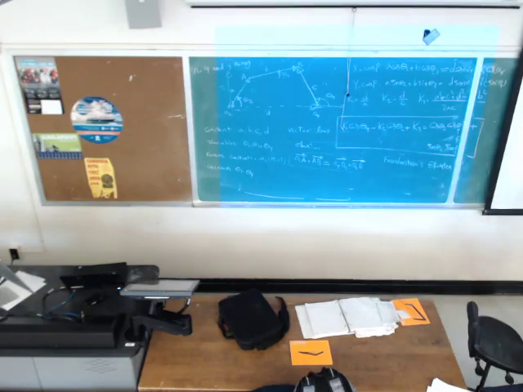For example, if you are looking for the cosine of 60, it's going to be 1 minus tangent squared of 30, divided by 1 plus tangent squared of 30. If you do the math, you will find it's going to be 0.5.